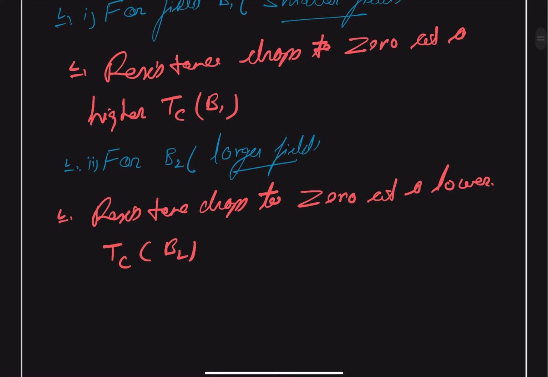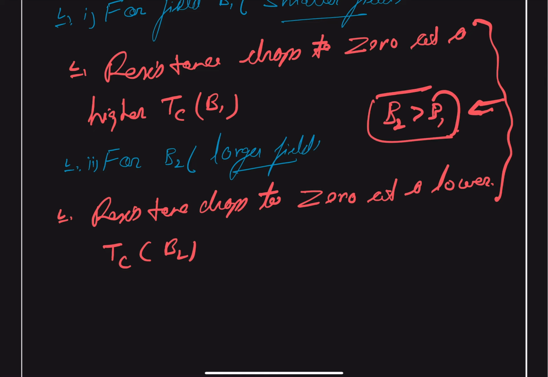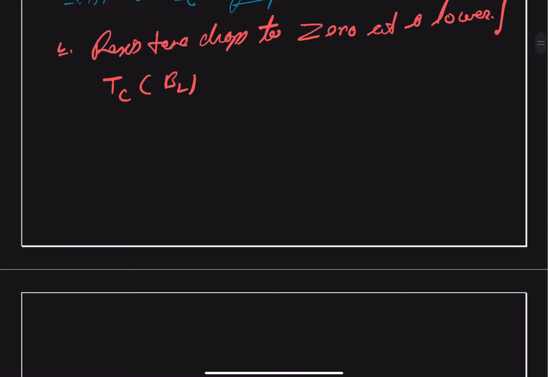And these two conclusions are based on only one thing, that our B2 is greater than B1. So we can just summarize it.